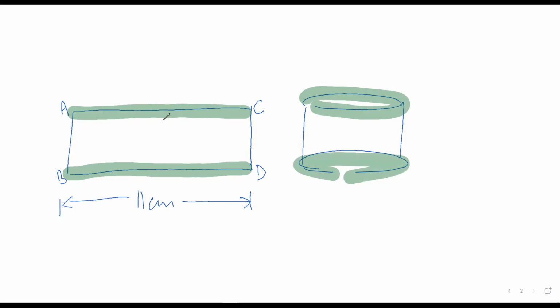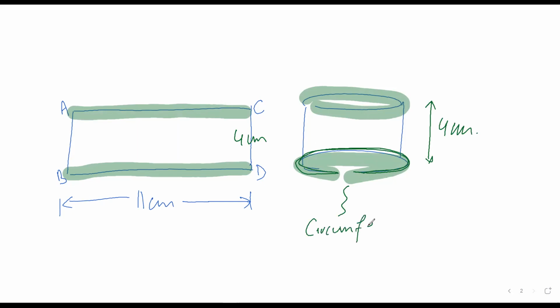So now in this question, what are the dimensions that we have? We have the height of the cylinder. So this is 4 centimeter. We are aware that this circumference is equal to 11 centimeter.